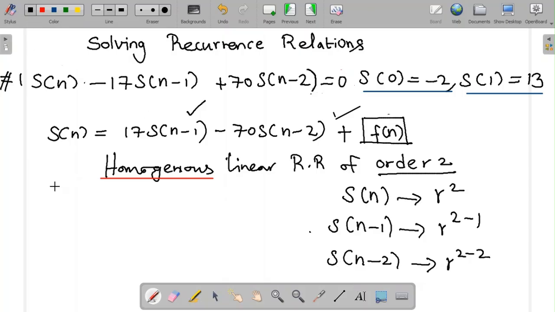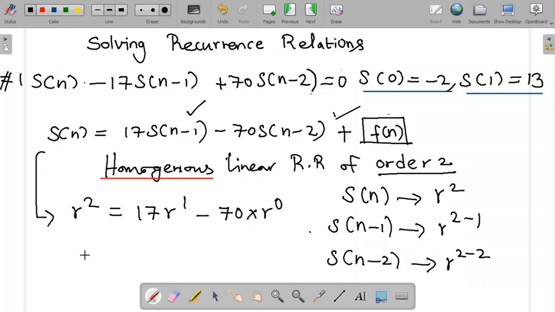This means our recurrence relation will get simplified as r squared is equal to 17 times r power 1 minus 70 times r power 0. That simplifies down to r squared minus 17r plus 70 is equal to 0.